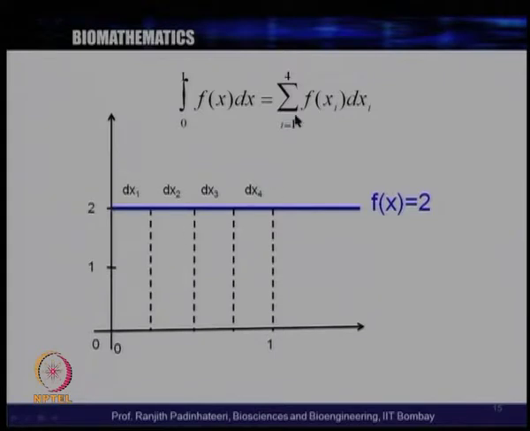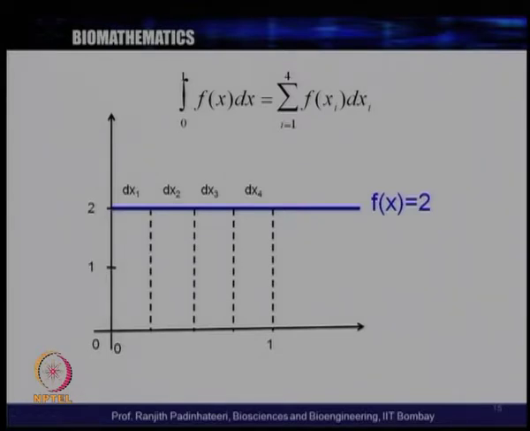If you sum f of x i dx i over i, you get the area, because area is width times height. The width is dx1 and the height is the function f of x. So f of x1 dx1 plus f of x2 dx2 plus f of x3 dx3 plus f of x4 dx4 will give you this area, and this is nothing but this integral. So this integral is the area under this curve.